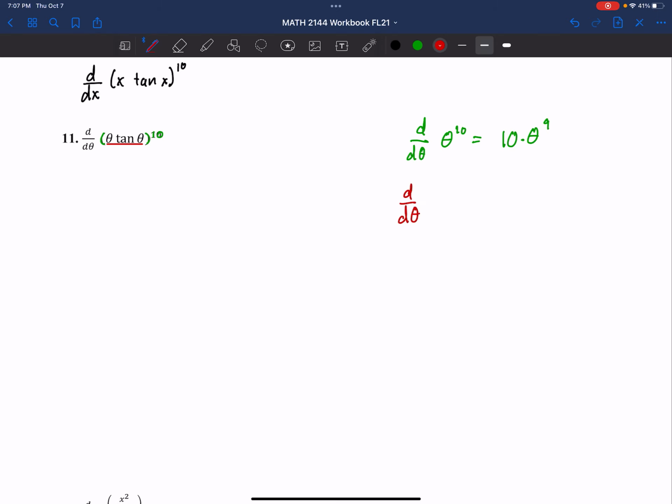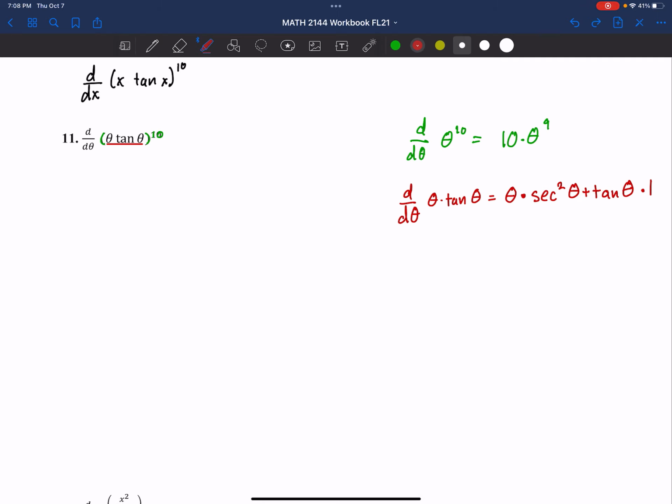So the derivative of theta times tangent of theta is equal to, derivative of the second is a product rule. So the derivative of tangent is secant squared of theta times the first, which is theta, plus tangent of theta times the derivative of the first, which is 1. Oh, this should have been a plus right there. So quick little correction, that should have been a plus.